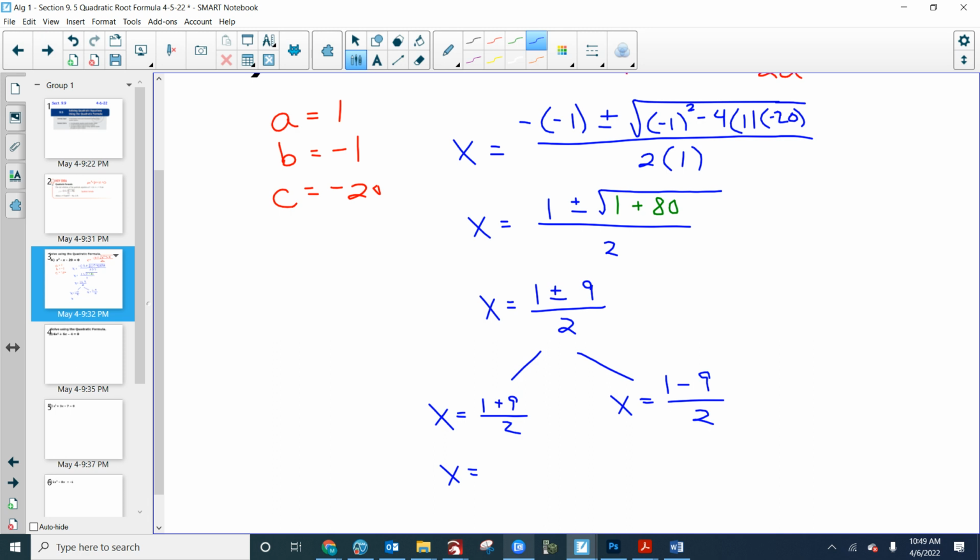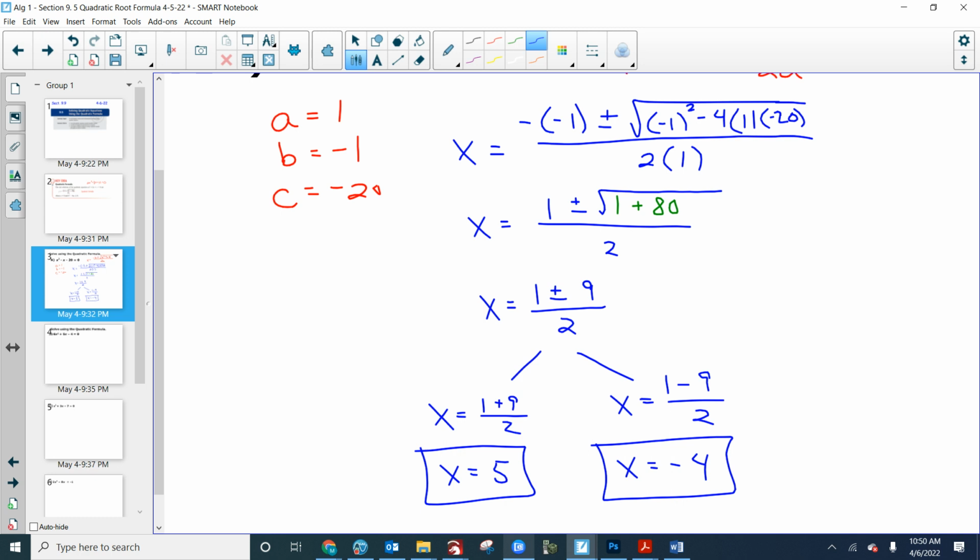What's 1 plus 9 over 2? 5. 1 minus 9, careful, -8 over 2 is -4. Those are your answers. Make sense?